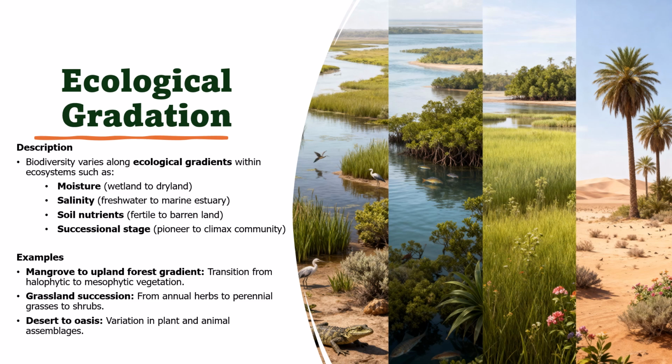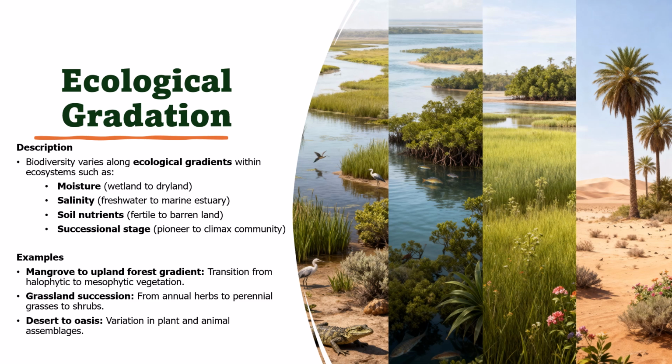For example, as one moves from wetlands to drylands, species adapted to high moisture are gradually replaced by drought-tolerant organisms. Similarly, a salinity gradient from fresh to marine estuaries supports a transition from freshwater species to salt-tolerant, that is halophytic, communities, as seen in mangroves to upland forest zones.